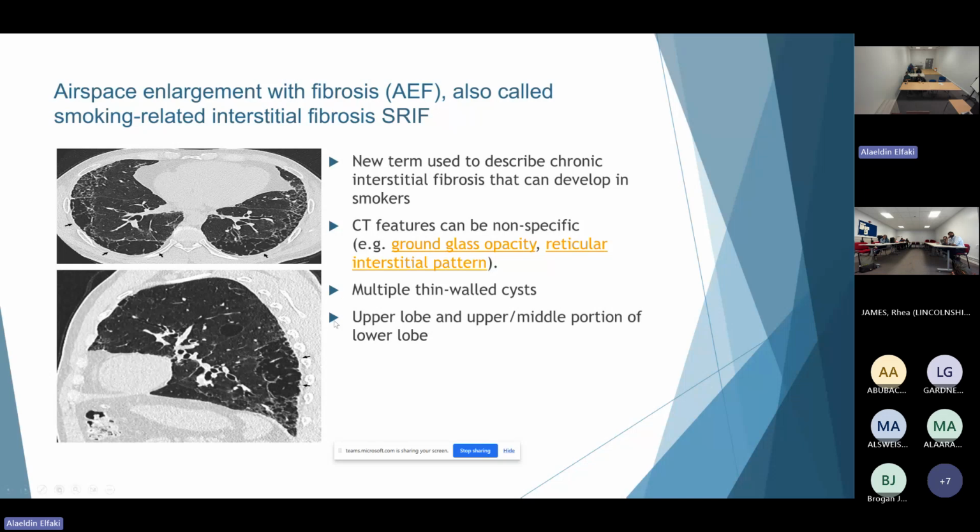You will see cysts, thin-walled cysts, with a background history of fibrotic changes, and it is predominantly affecting the lower lobes. So cystic changes with interstitial fibrosis in a patient with smoking, this is likely AEF. And another thing is that anything that is smoking related is mostly upper and middle lobe predominant.